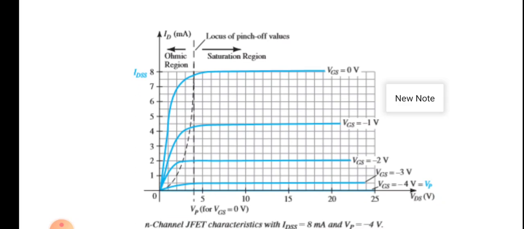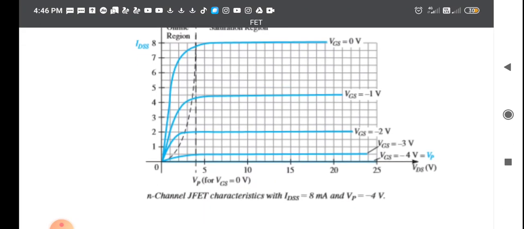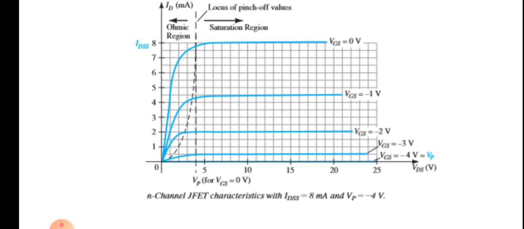As you keep increasing the gate to source voltage, which is negative in nature, because of the increase in the depletion width, the channel width becomes narrow and a lesser current is expected, and that's why the second graph's height is lower as compared to the first one. And if VGS is further increased, the current further reduces. Finally, if the VGS voltage is exactly equal to the pinch off voltage, there won't be any flow of drain current, which is represented by the lowest line, aligned with the x-axis, that is the VDS line.